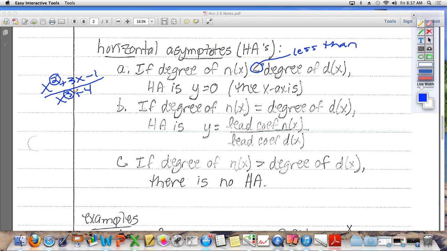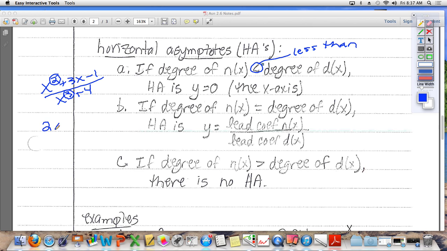But if the degree of the numerator is exactly the same as the degree of the denominator, there's going to be a horizontal asymptote at y equals the lead coefficient of the numerator divided by the lead coefficient of the denominator. That will be your horizontal asymptote. So let's say you have a situation like this.